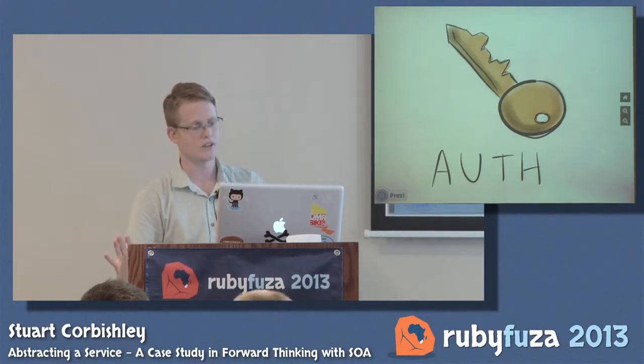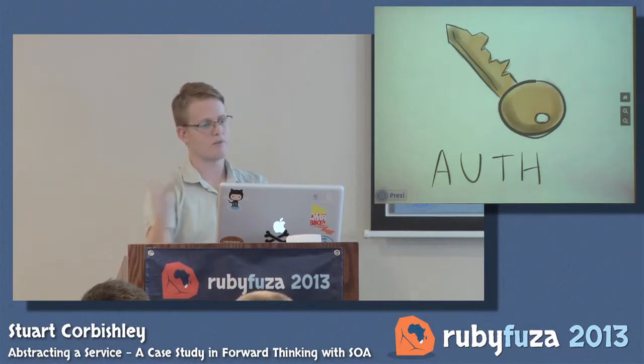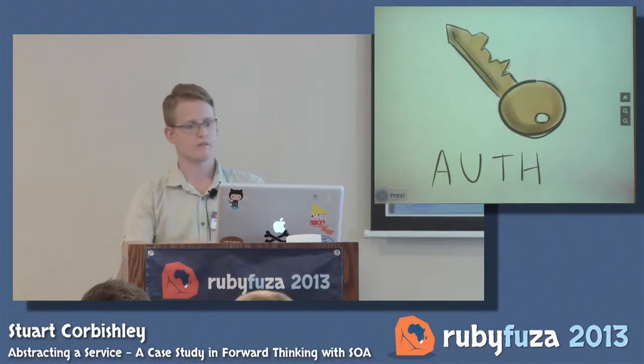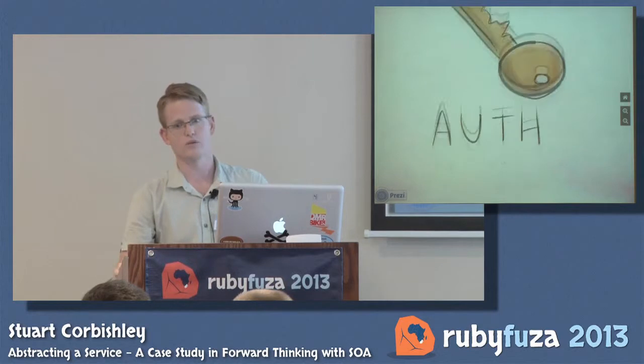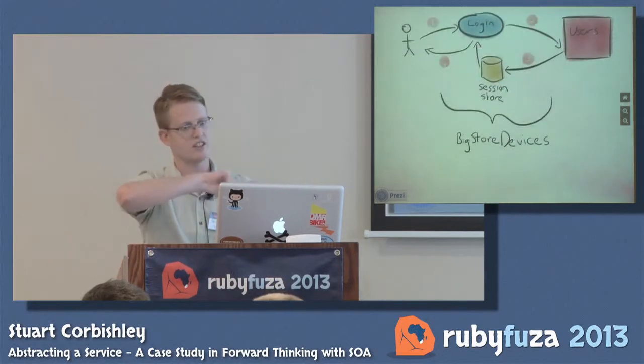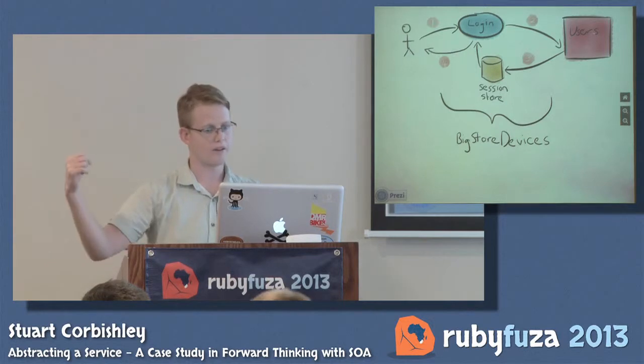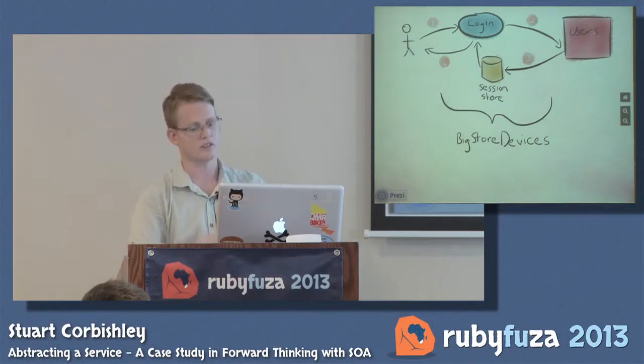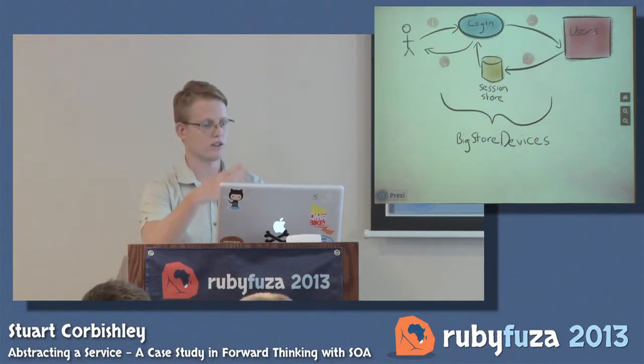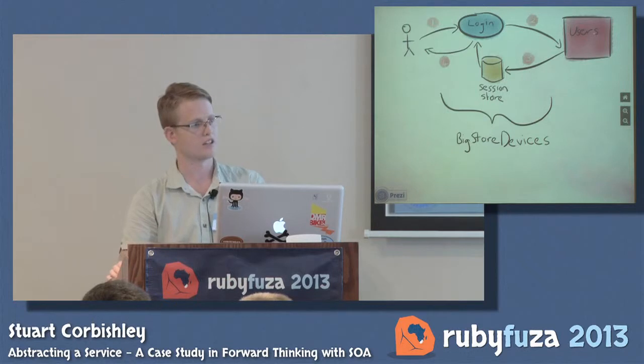Don't do it unless you have to. But the first step is a user tries to authenticate. The login API at big store devices forwards the request as is, unmodified, to our user repository. Our middleware then grabs the response, grabs the session ID that Rails allocated on users, and then stores it in the local session store for that application.